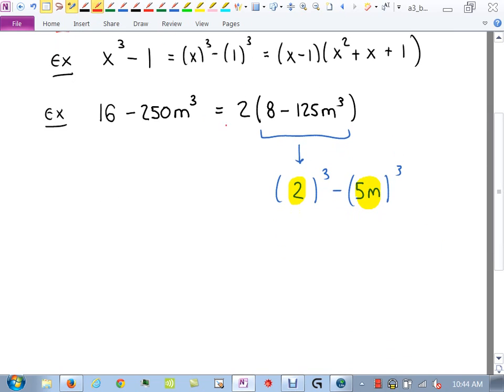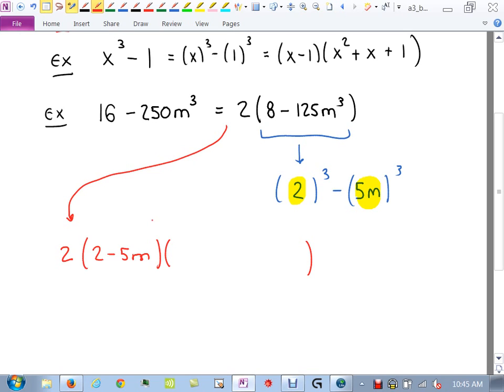So here's where I am. Going from here, I have 2. Then I have a binomial and a trinomial. The binomial will be a minus b, right? So for us, that's 2 minus 5m. Man, I'm out of time. And then what?